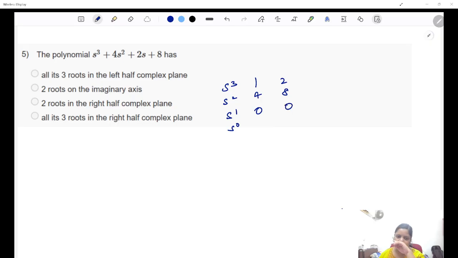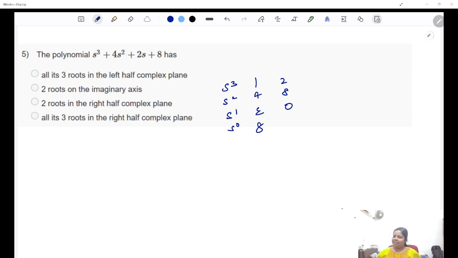It's going to be 0. Now what? We have to find out how many poles are lying where. Let's replace the first term by epsilon. Now let's check what happens. It would be 8 epsilon minus 0 upon epsilon, which turns out to be 8.